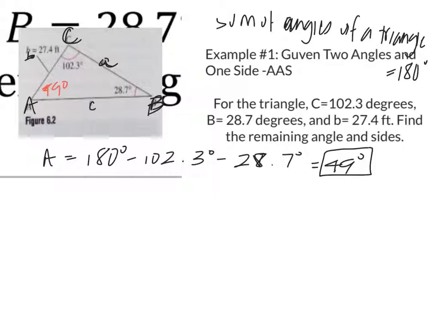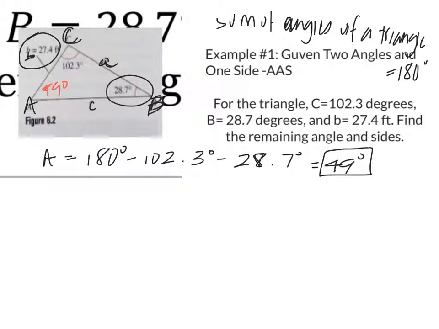Now after that, we just follow the proportion. You always want to start with the information that you've been given. You were given angle C, angle B, and little b for the side. So one of your true proportions has definitely got to be b's proportion, because b over sine B is the only full proportion that you were given. To find any of the other sides, I'm going to set it against that one.